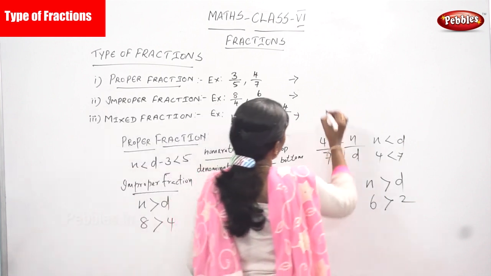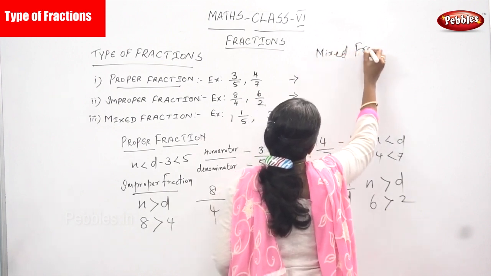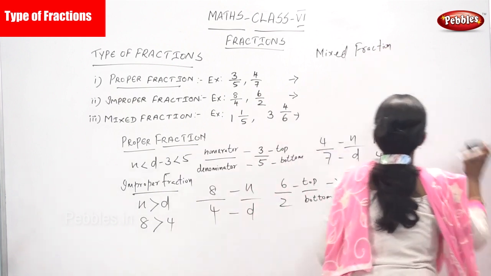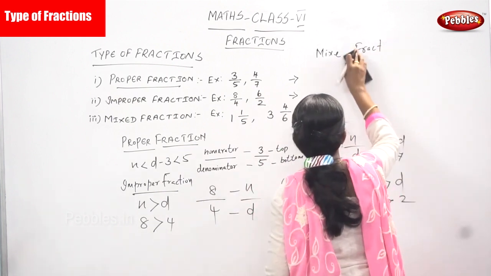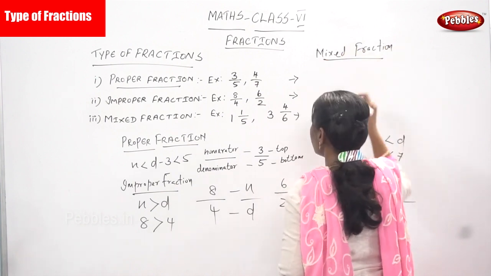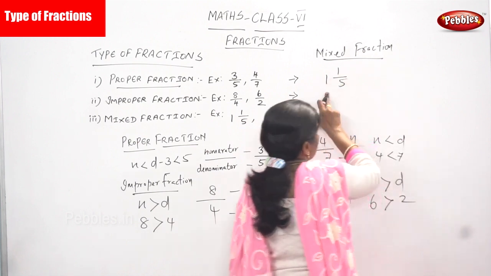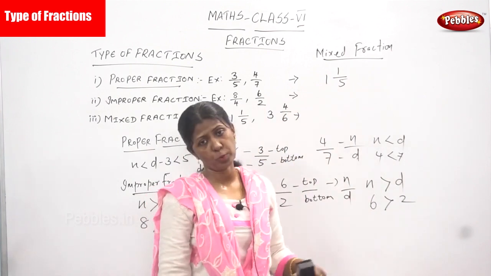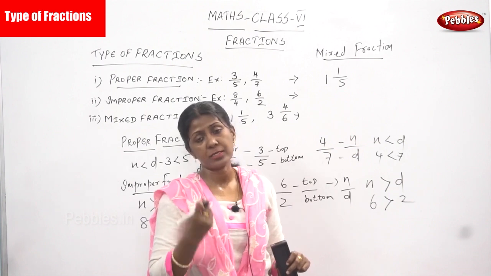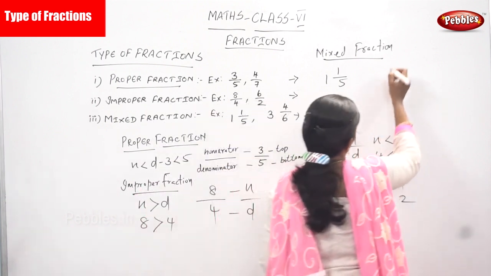Mixed fraction means, in 1 and 1 by 5, 1 is a whole number and 1 by 5 is a proper fraction. So a mixed fraction is composed of a whole number and a proper fraction.